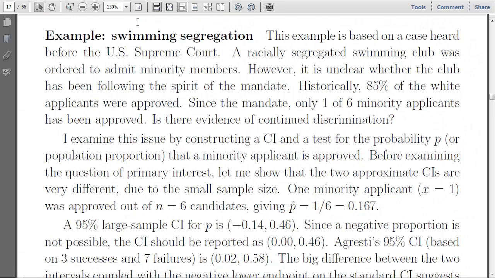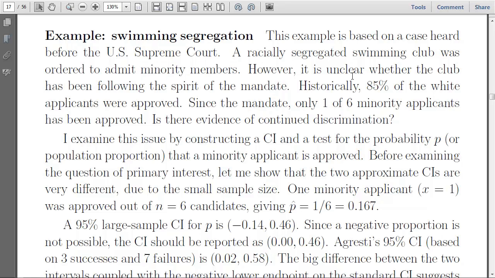This is a true data example based on a case heard from the U.S. Supreme Court about racial segregation in a swimming club, so high stakes, and about the probability of being admitted to the swimming club based on what your race was. Right?